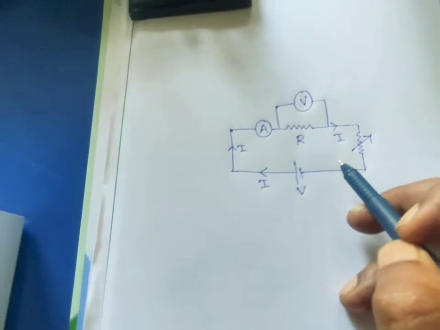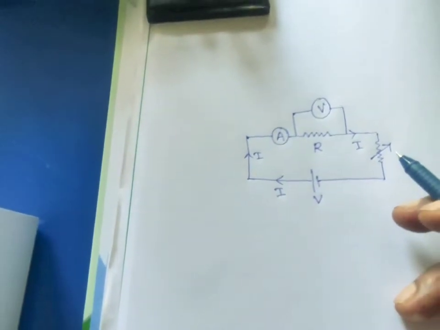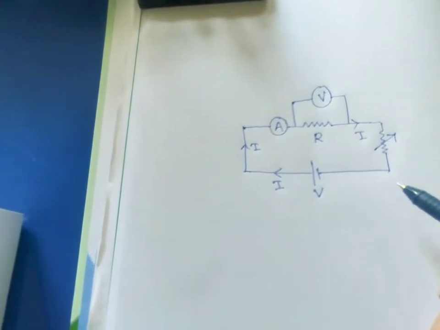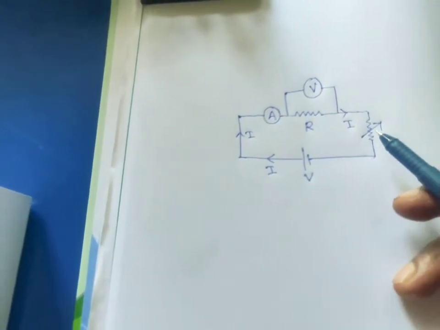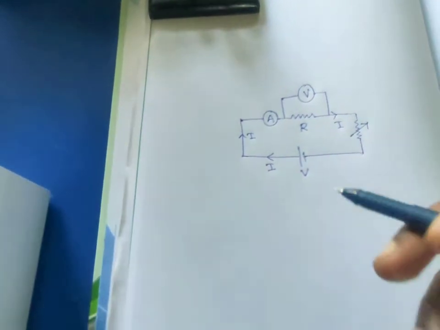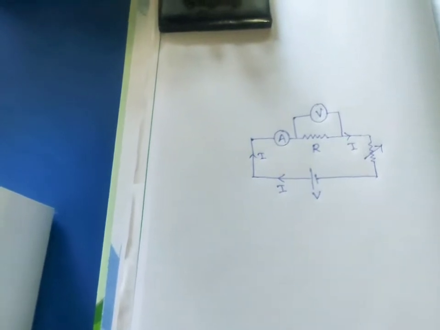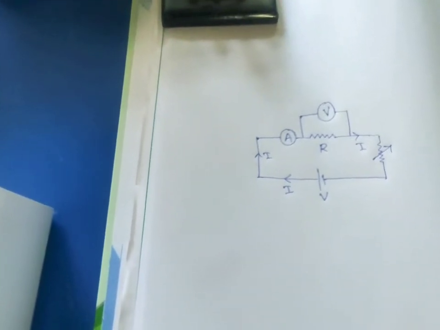Why are we using the rheostat? We are using the rheostat to modify or control the current. If the number of turns of the rheostat is greater, then the current flowing will be lower, because the total resistance will be greater.